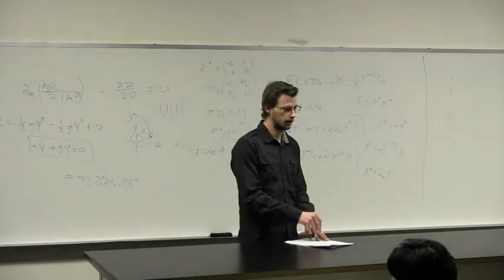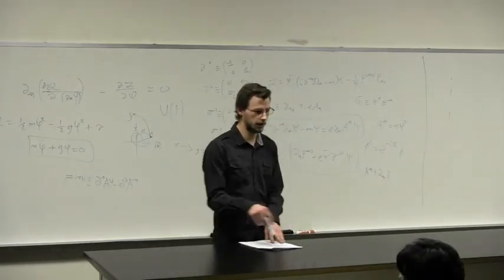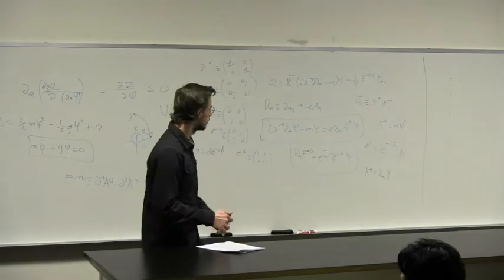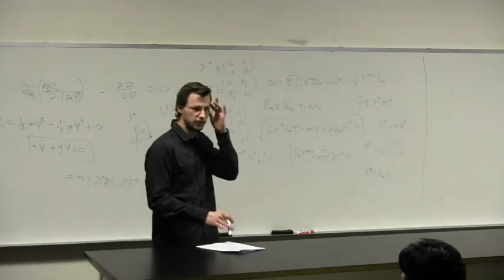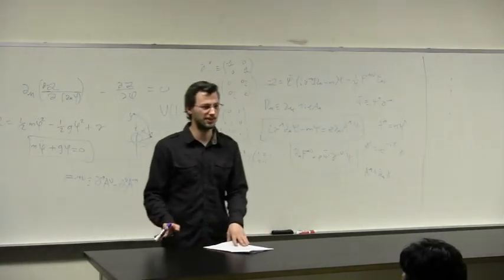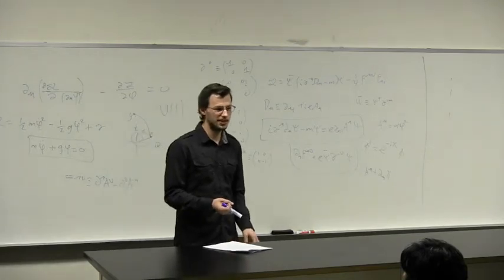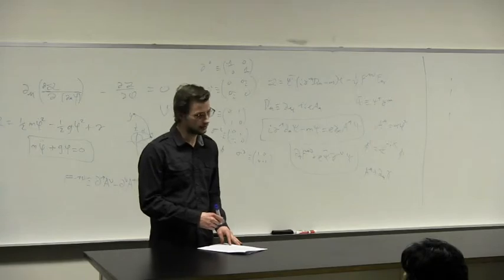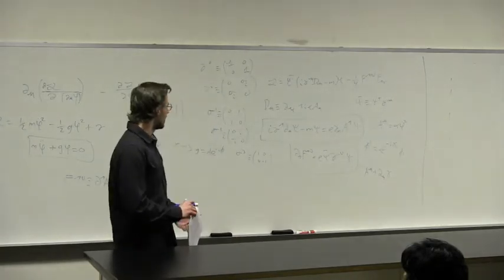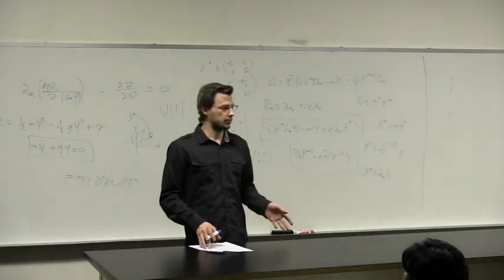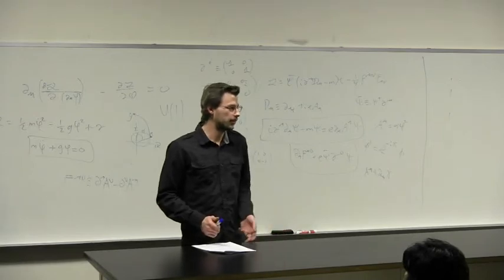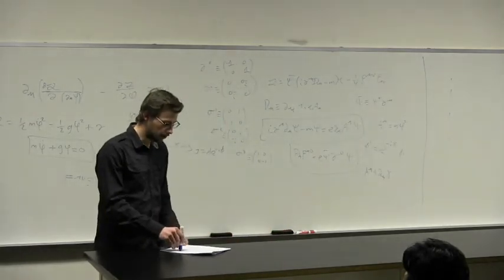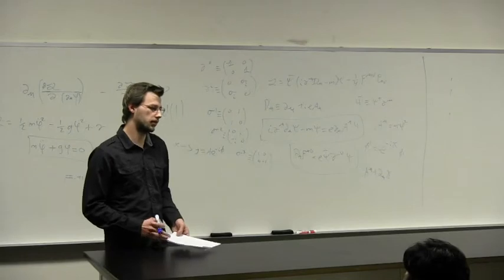QFT has produced the best calculations that man has ever created so far. For example, the magnetic moment of the electron, which still makes no sense at all, because we still tend to treat it as a point particle, which should not be so if you have a magnetic moment. We have calculated that up to 10 decimal places, and found it experimentally to pass that.